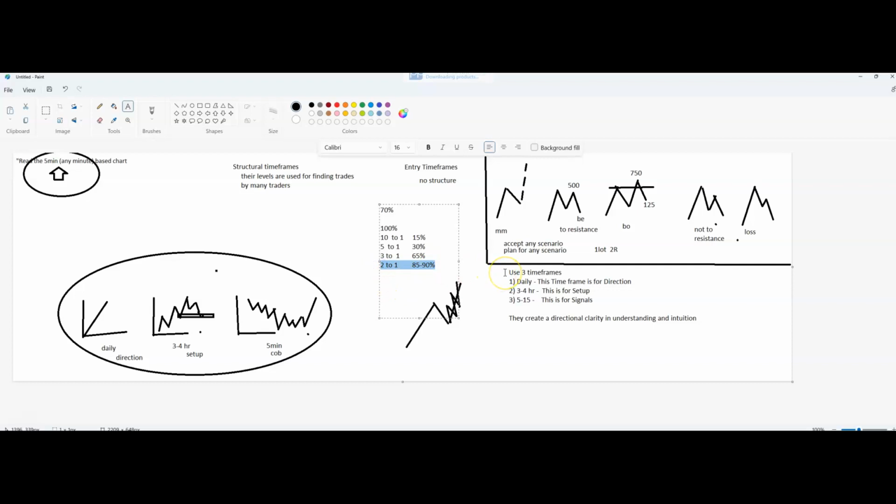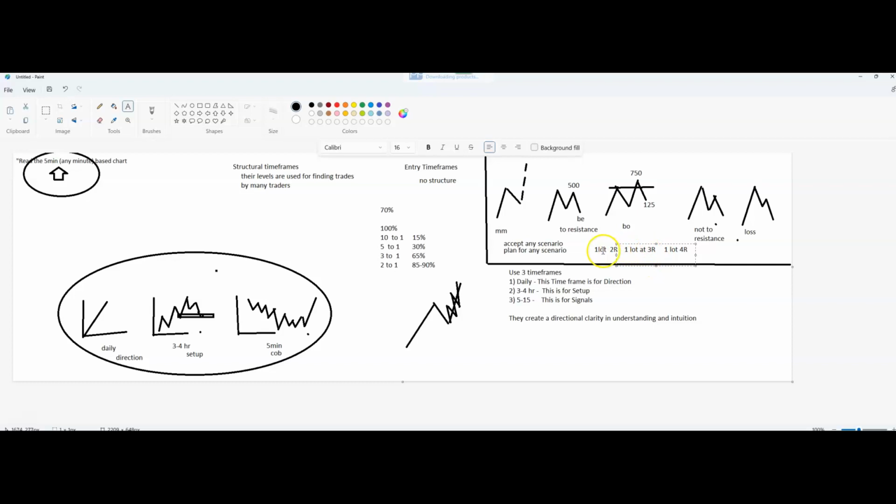And this is just an opinion. So, on the 2R, you scale out. One lot at 2R, one lot at 3R, and then one lot at 4R.